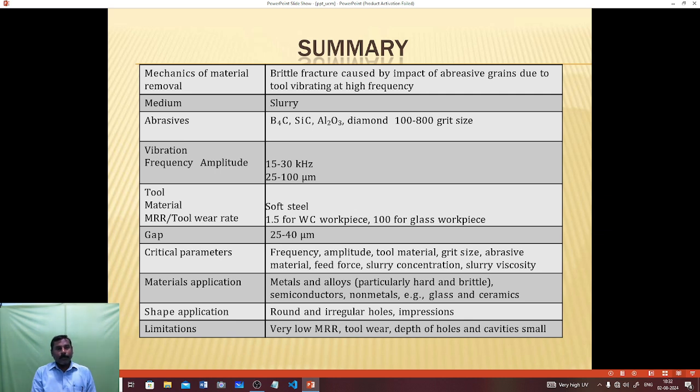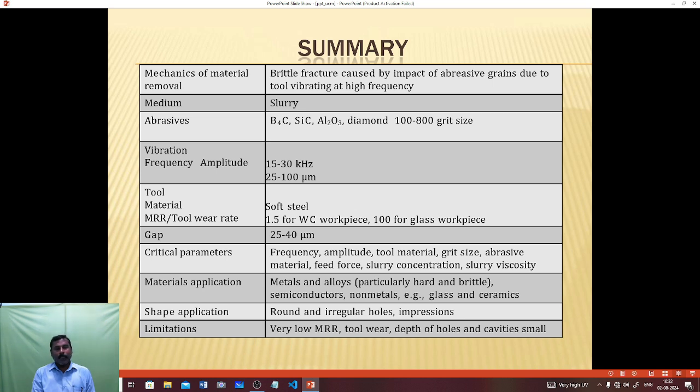The vibration frequency is 15 to 30 kHz and the amplitude is 25 to 100 micrometers. Tool materials used are soft steel, and the gap is 25 to 40 micrometers.